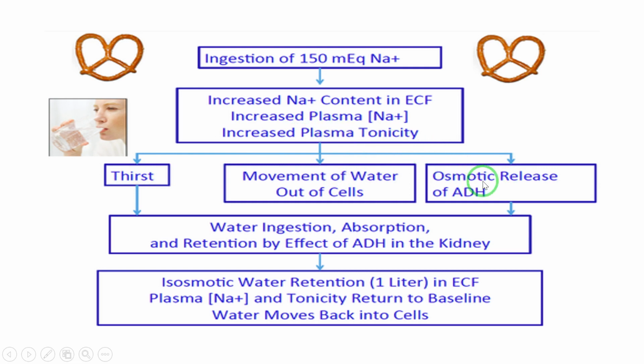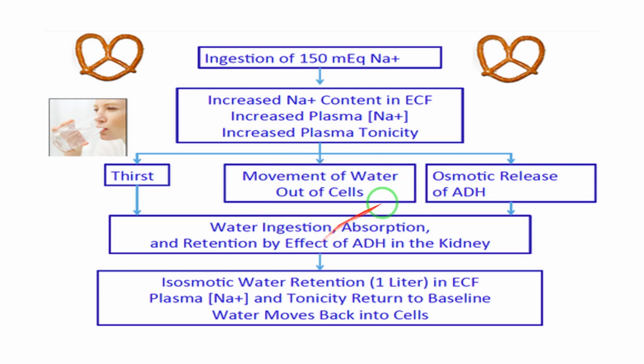Later on, this increase in the plasma sodium and the osmolality will lead to increase in the release of antidiuretic hormone. The antidiuretic hormone will lead to retain the water, increase the water that is reabsorbed by the kidney. One of the bad effects of the increase in the plasma sodium is that the water will move out of the cell to maintain the electroneutrality.